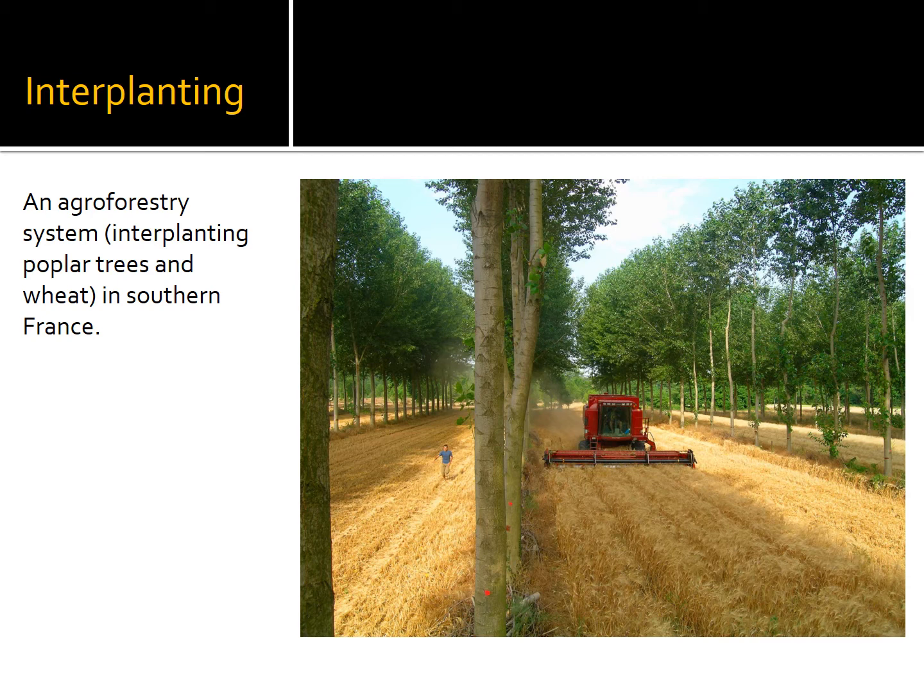You can see the combine running down the rows harvesting the wheat, so we're growing wheat in between these rows of poplar trees. The poplar trees are going to take maybe 20 or 30 years to get to a point where they can be harvested. So that's 20 or 30 years worth of wheat harvests that you can have in this situation. Interplanting is a way to use that space between rows.